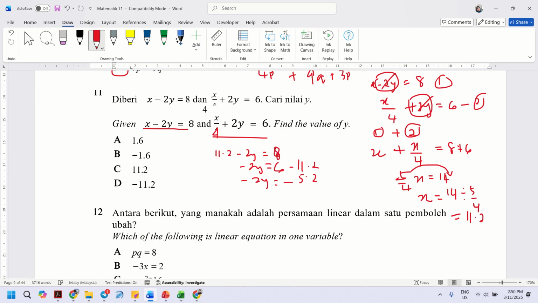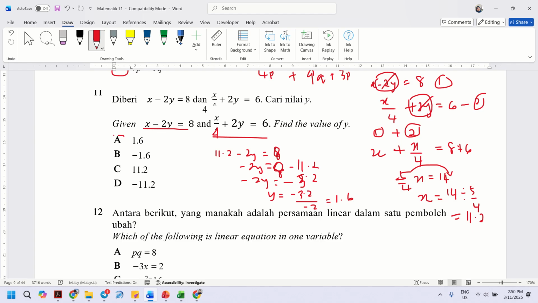Sorry, it is 8, not 6. So y equals negative 3.2 divided by negative 2, and you will have the answer 1.6.